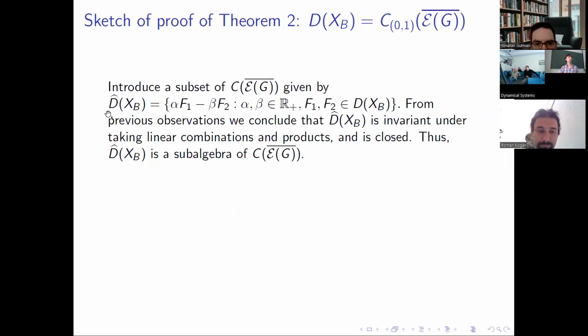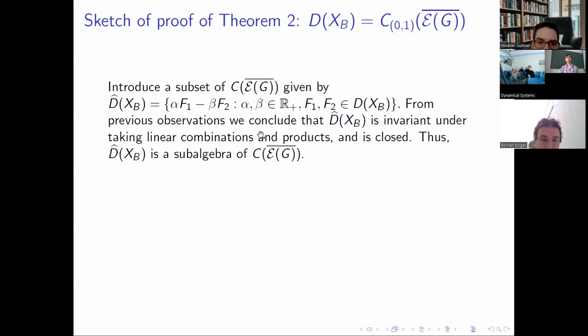So we introduce the set D hat of functions which are of the form alpha f1 minus beta f2, where f1 and f2 are in this set D of X_B of approximable functions.